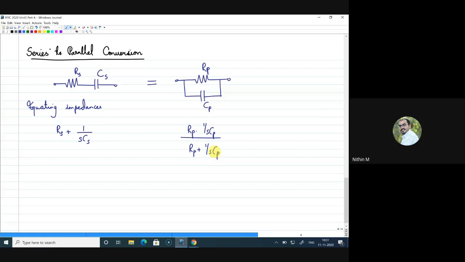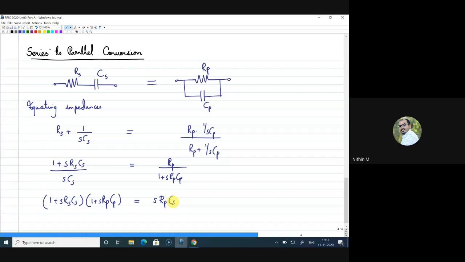So what we are doing is equating the impedances here. You can solve along with me. (1 plus SRSCS) divided by SCS is equal to RP divided by (1 plus SRPCP). Doing cross multiplication, 1 plus SRSCS into 1 plus SRPCP equals SRP into CS.